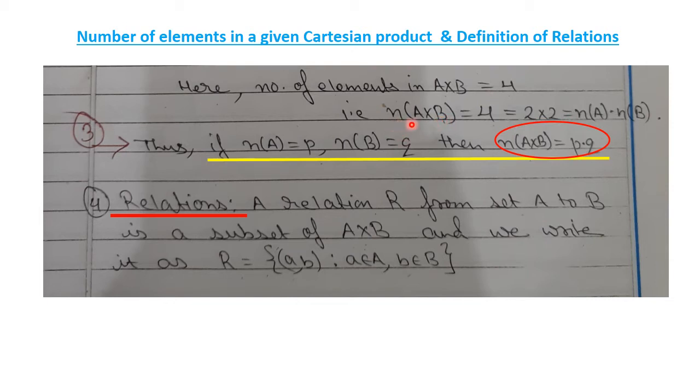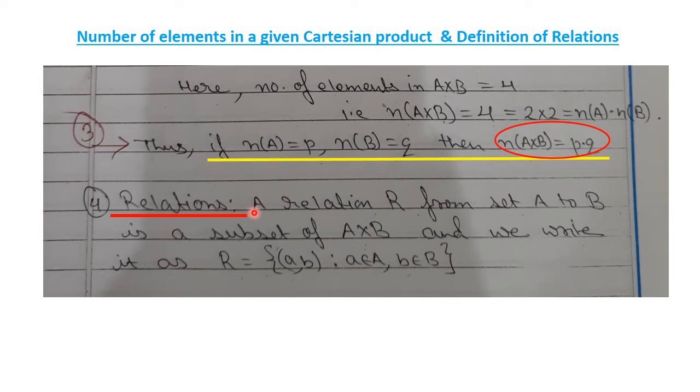So that means number of elements in A cross B equals 4. This 4 can be written as 2 cross 2, where the first 2 is the number of elements in set A and the second 2 is the number of elements in set B. Thus, if a set A has P elements and set B has Q elements, then total number of elements in A cross B will be P into Q.